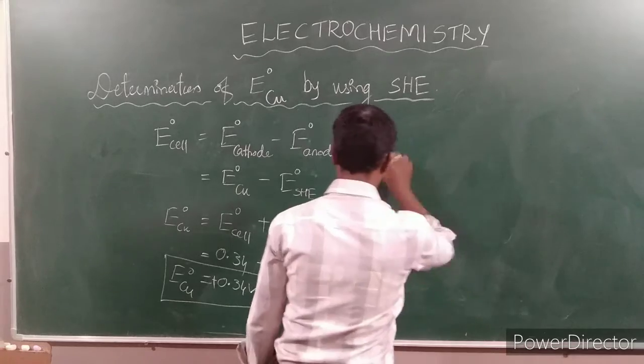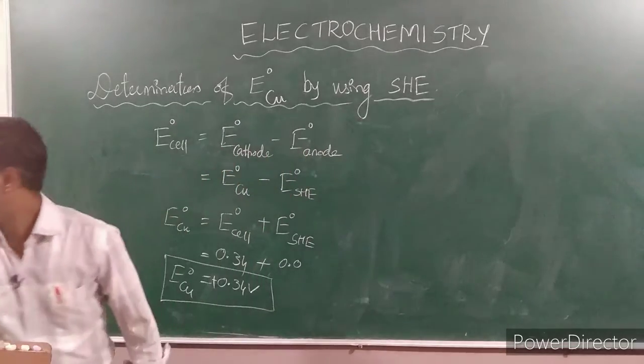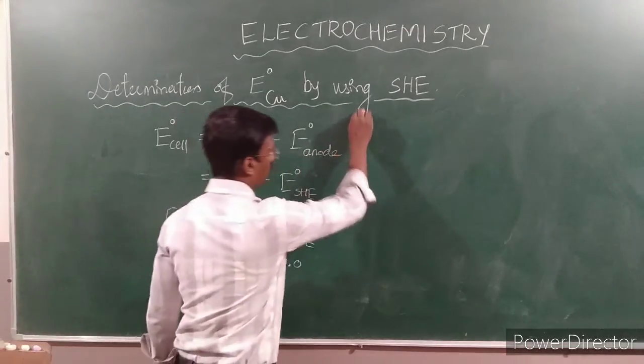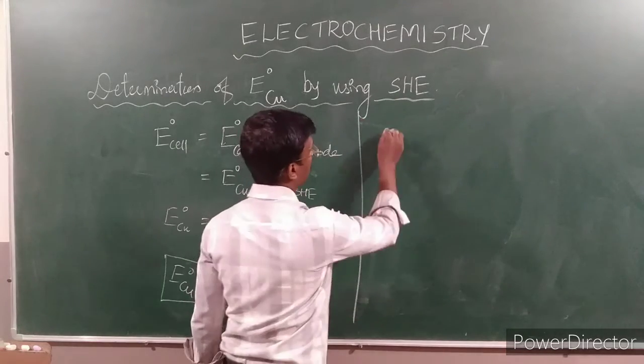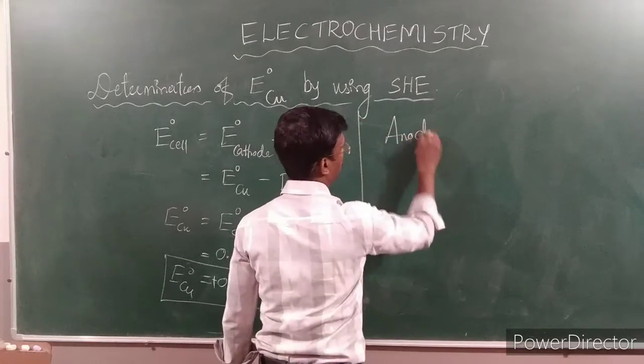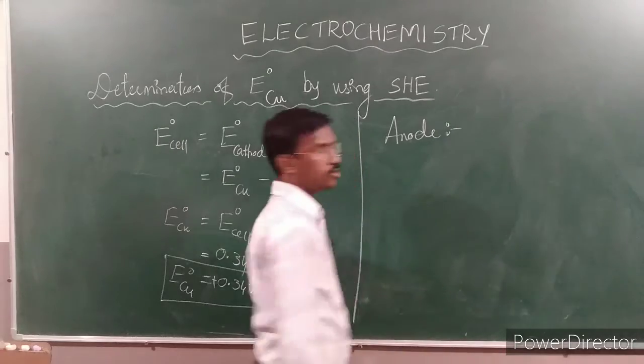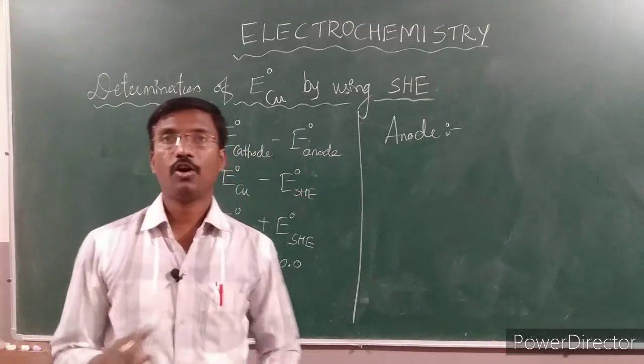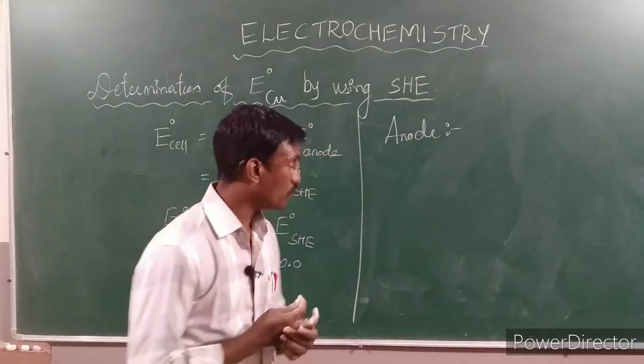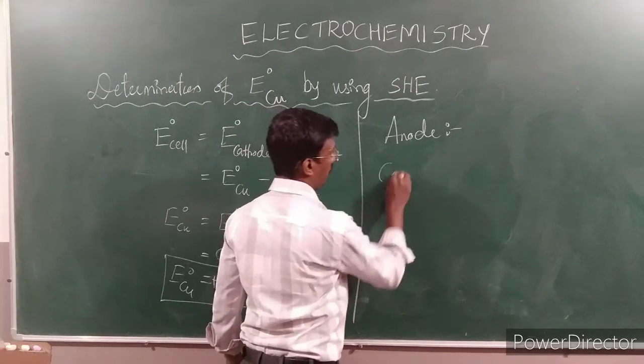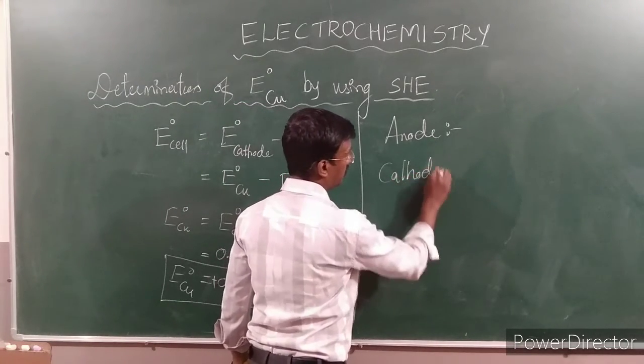So here are the overall reactions. Overall reaction means the reaction at the anode. In every construction, at the anode oxidation has to occur, and at the cathode reduction occurs.